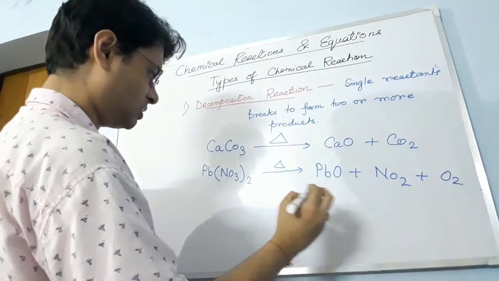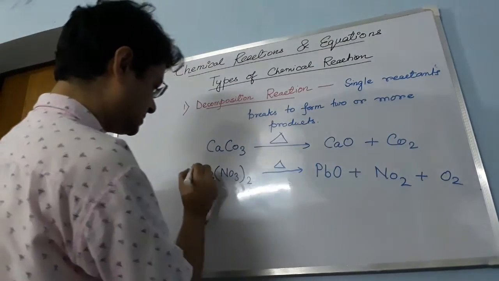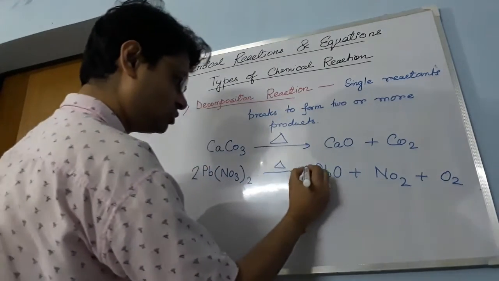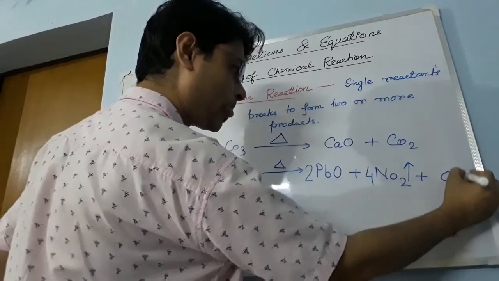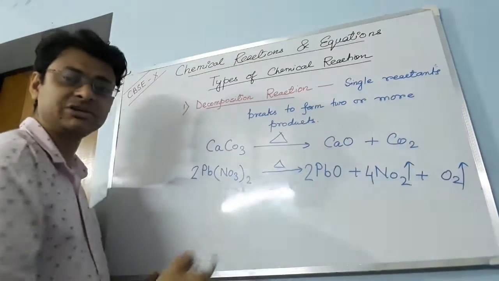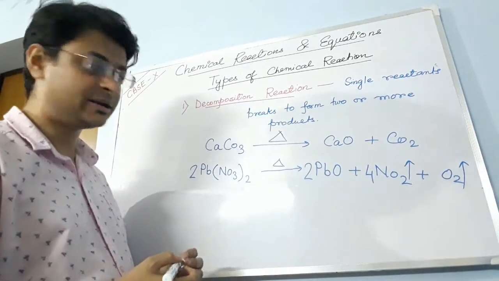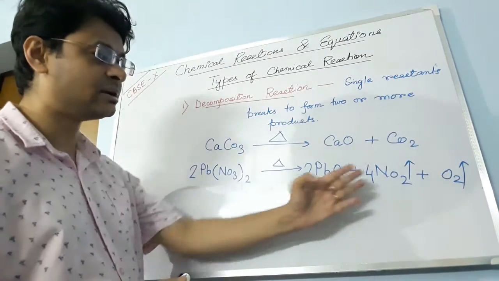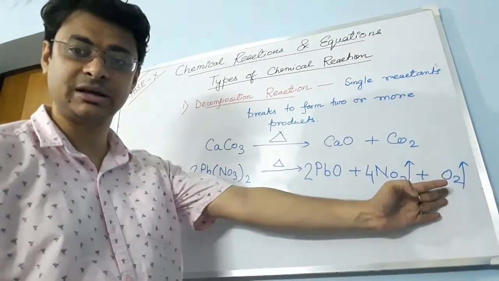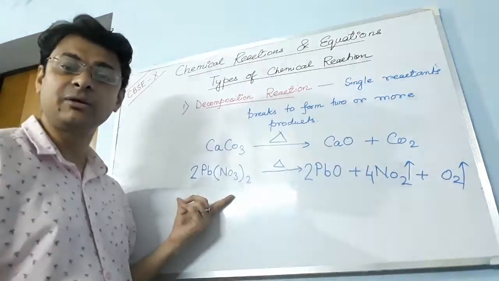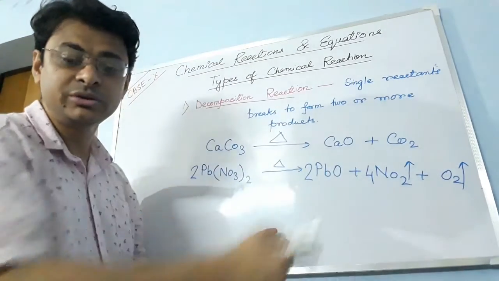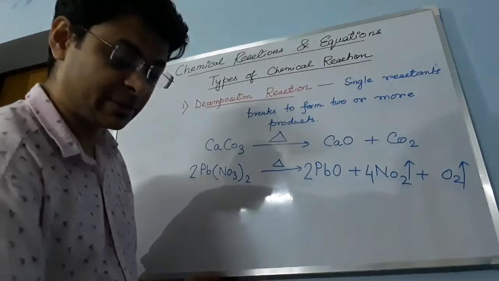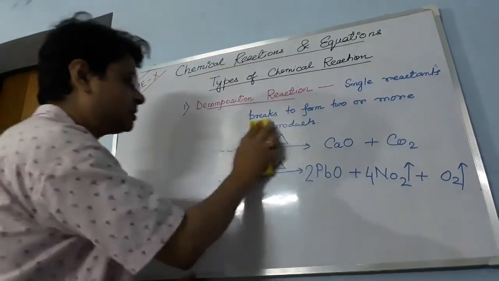Now balancing is 2, 2, 4. Suppose in this reaction what happens? Lead nitrate when heated forms lead oxide, nitrogen dioxide and oxygen gas. So a single compound on heating breaks up into three substances. Let me give you another example.